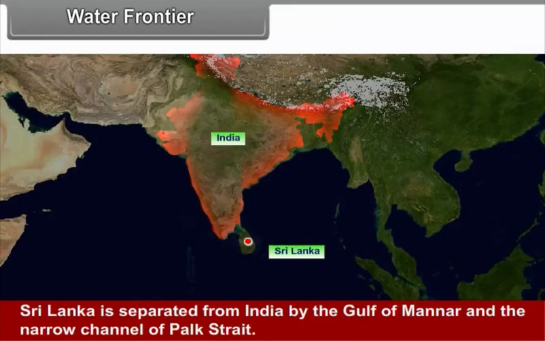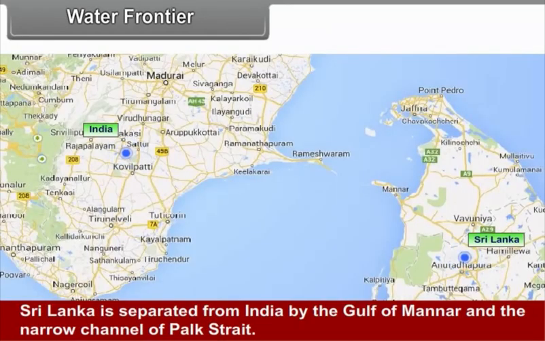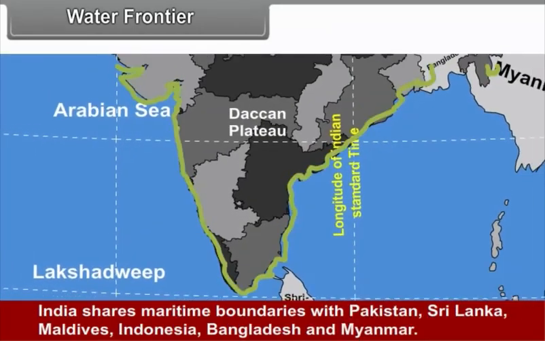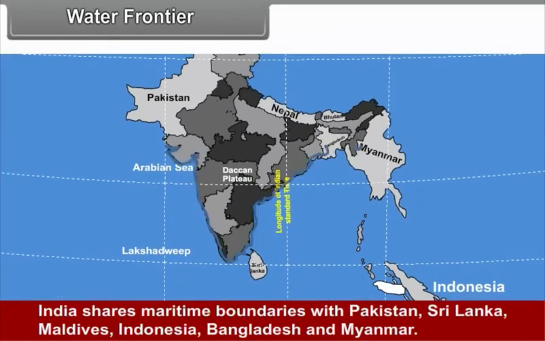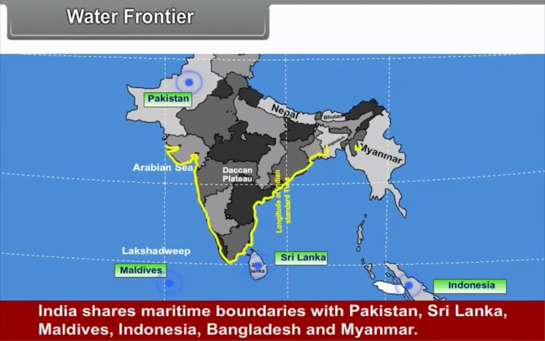Sri Lanka is separated from India by the Gulf of Mannar and the narrow channel of Palk Strait. India shares maritime boundaries with Pakistan, Sri Lanka, Maldives, Indonesia, Bangladesh and Myanmar.